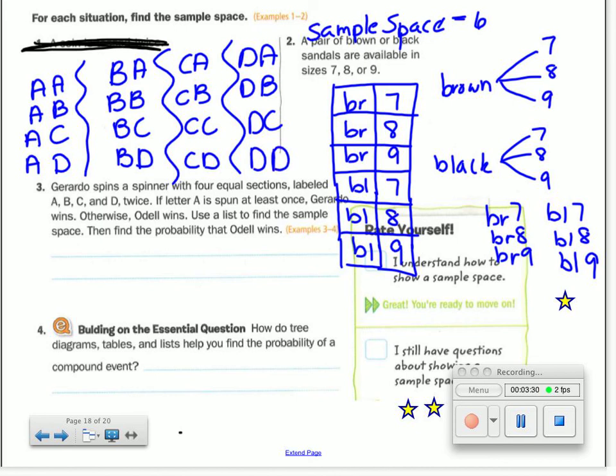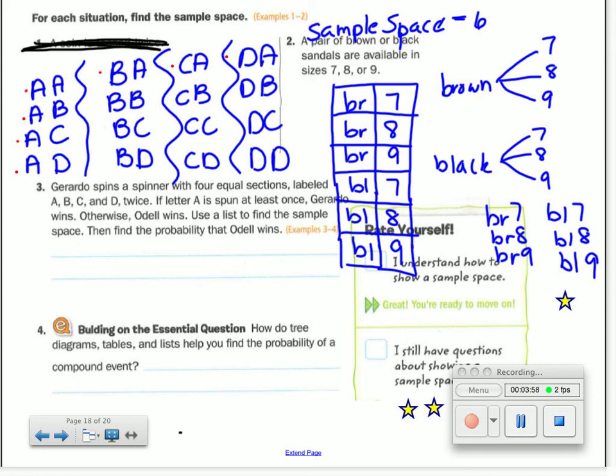Now, Geraldo. Okay, the G guy. Again, he can win if he spins an A. So how many up there have at least one A in it? 7.